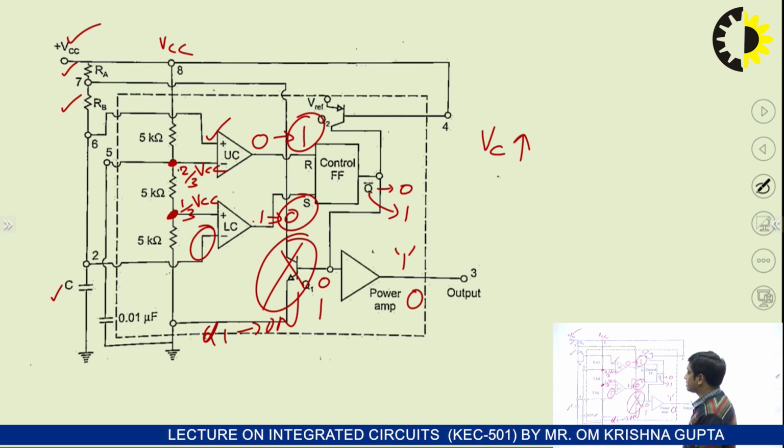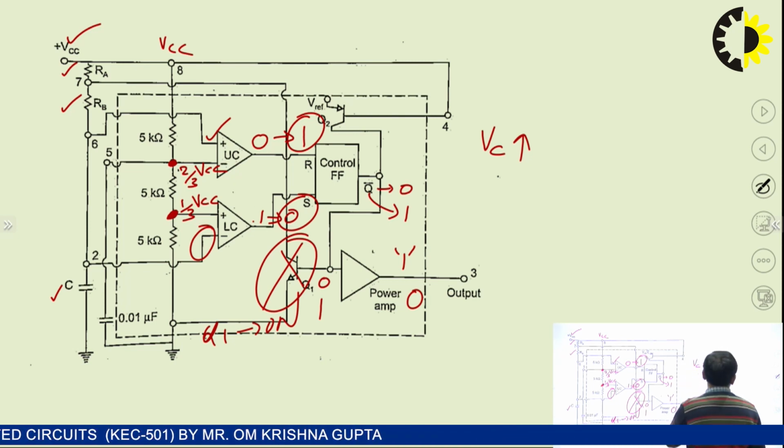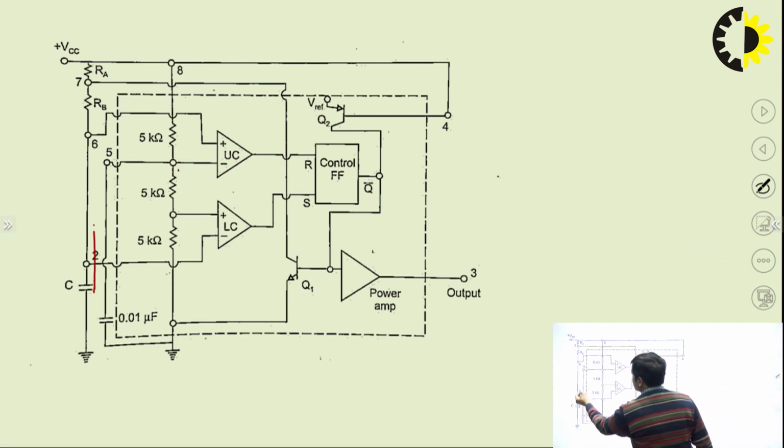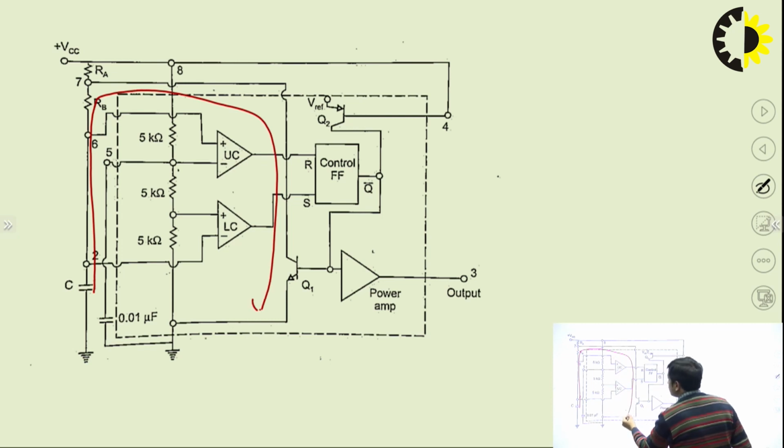When Q1 transistor is on, this capacitor will start discharging through this RB resistor and this Q1 transistor, right? So when the flip flop is in reset state and Q bar is 1, then Q1 is on, and capacitor starts discharging through resistor RB and transistor Q1.